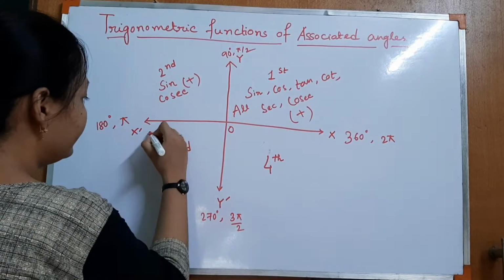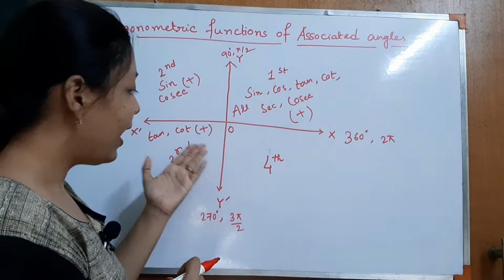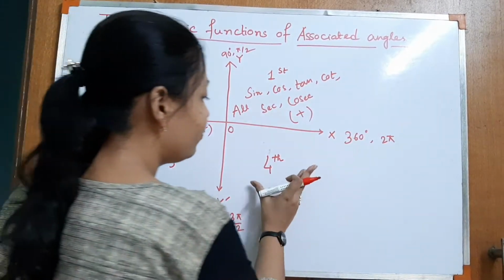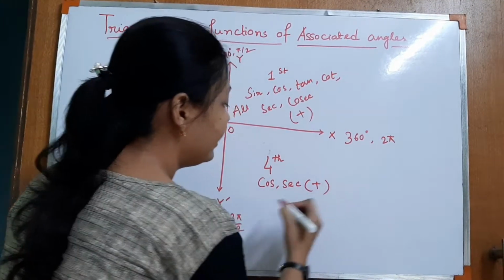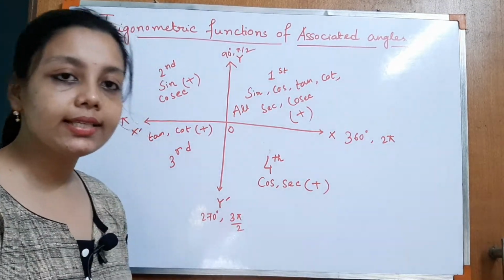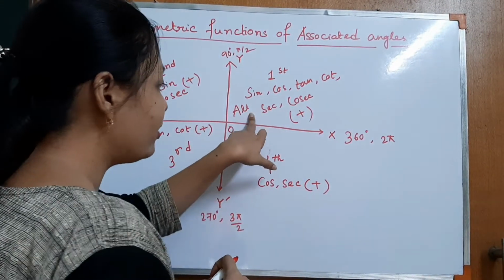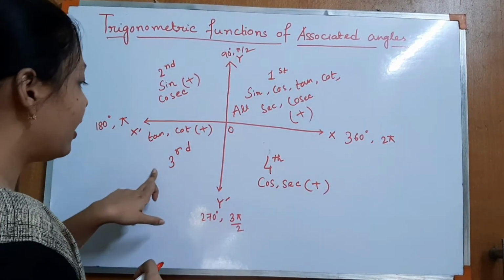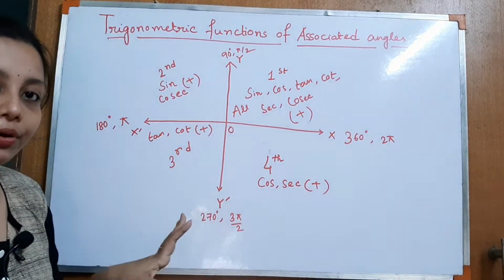Here in the third quadrant tan and cot contain plus sign and the others, that is sine, cosec, cos, sec, contain negative sign. And in the fourth quadrant cos and sec contain only plus sign and sine, cosec, tan and cot contain negative sign. Okay. So you have to remember this portion: in the first quadrant all are positive, in the second quadrant sine and cosec are positive, in the third quadrant tan and cot are positive and in the fourth quadrant cos and sec are positive. Okay.